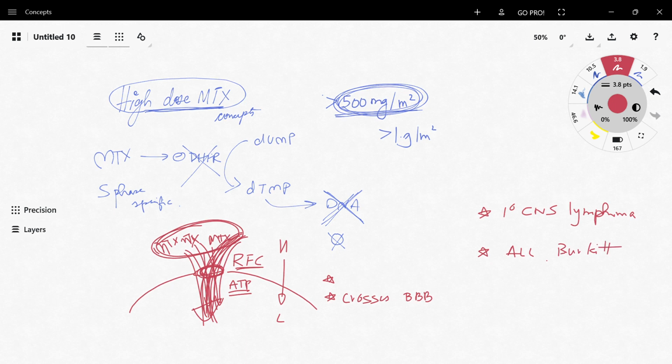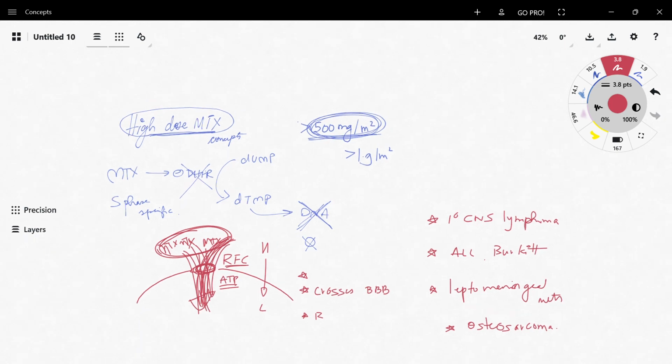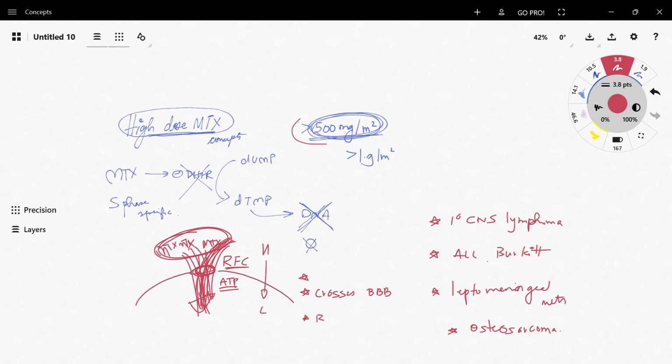And then you've got your leptomeningeal mets, meningeal mets, and osteosarcoma also uses high dose methotrexate. Okay, and one of the reasons is also sometimes to overcome resistance mechanisms and stuff like that. So this is why we would administer high dose methotrexate.